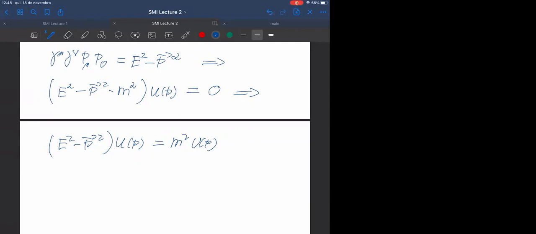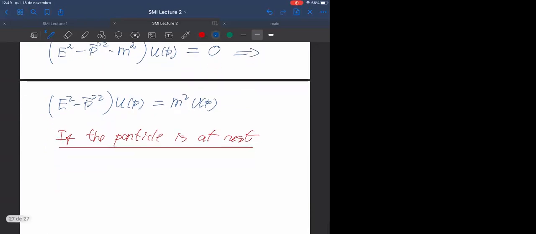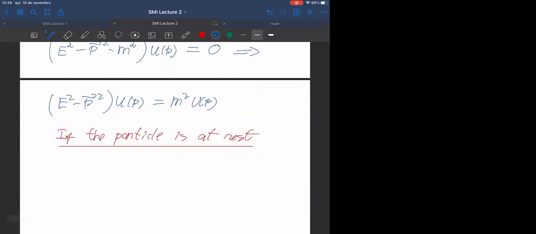So, if the particle is at rest, what we have is the following. We have e squared u, and here let me put u alpha here, because we will start using matrices now.